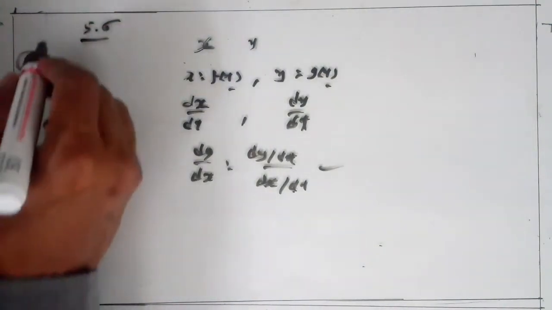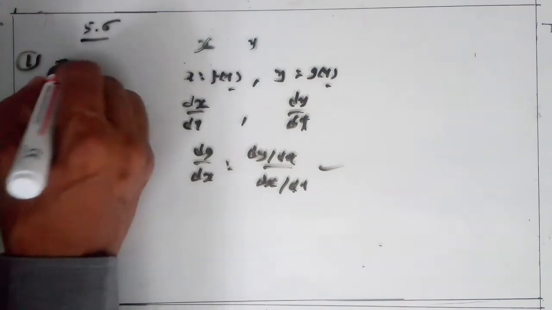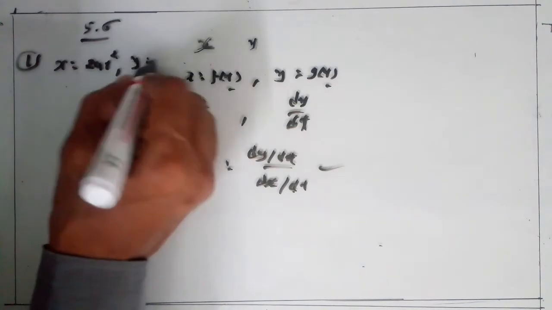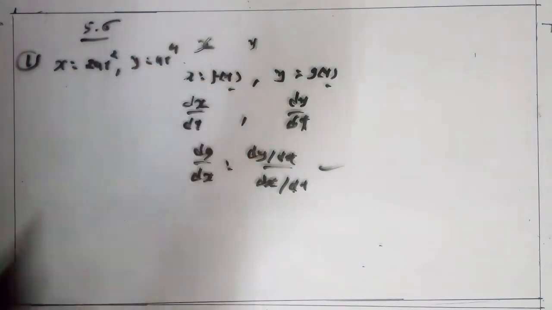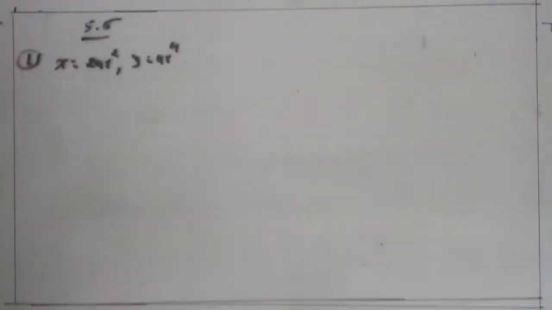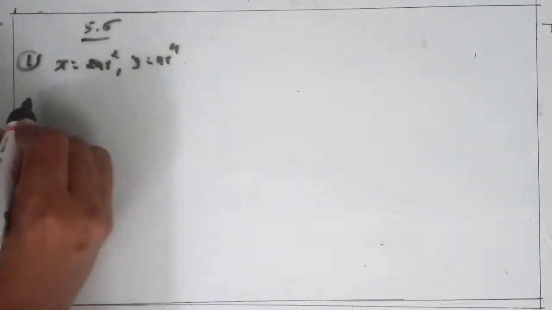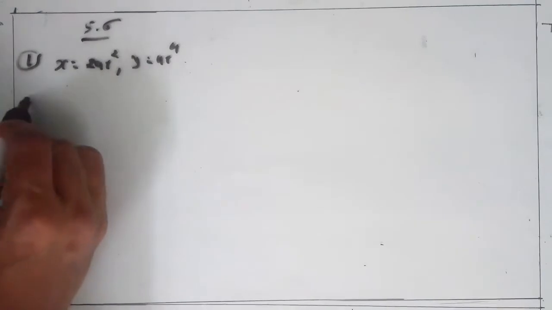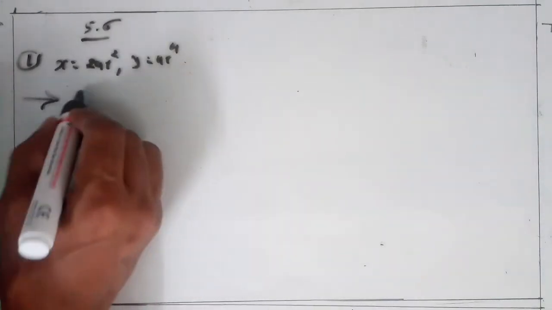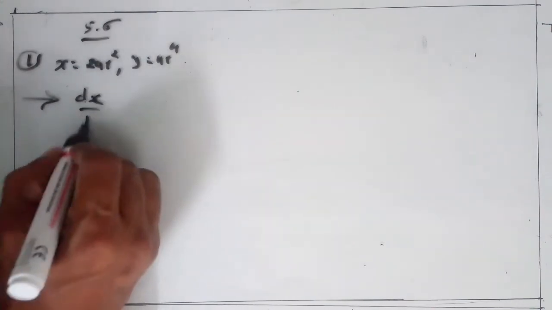First question: if we have the parametric equation x is equal to 2at², and y is equal to at⁴, then find dy/dx. Here to get dy/dx, first find the derivative of x with respect to parameter t.